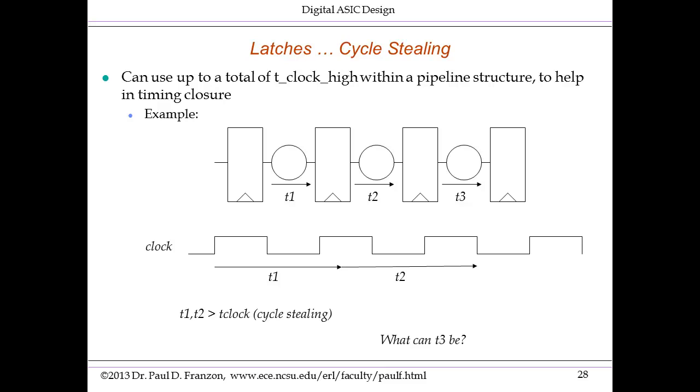So cycle stealing is not a universal solution that allows you to run your designs higher by the duty cycle of the clock, because you can't apply this equation to each and every logic stage in the design.